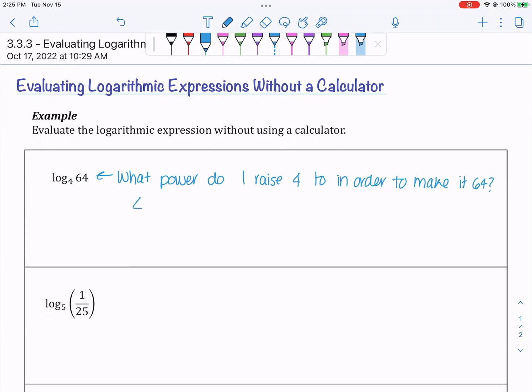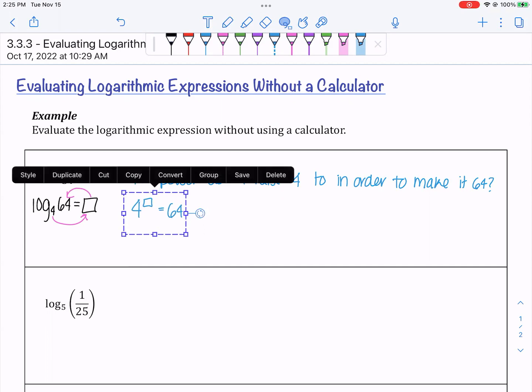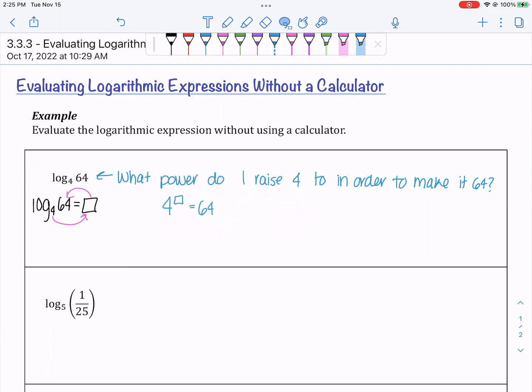Right? 4 raised to what power is equal to 64? And interestingly enough, if I had done this as log base 4 of 64 equals whatever, think about what the loop-de-loo would do here. It would be 4 raised to the whatever equals 64.